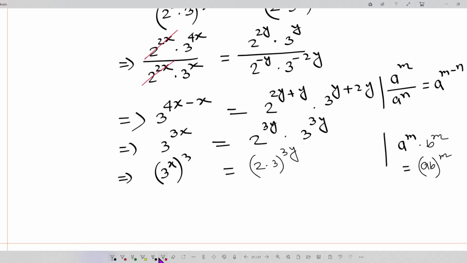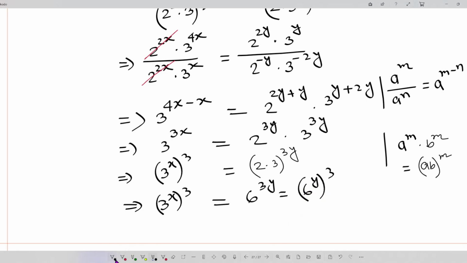Now 3 to the power x to the power 3, and here 2 times 3 is 6, and here is to the power 3y. This one also we can write 6 to the power y to the power 3.